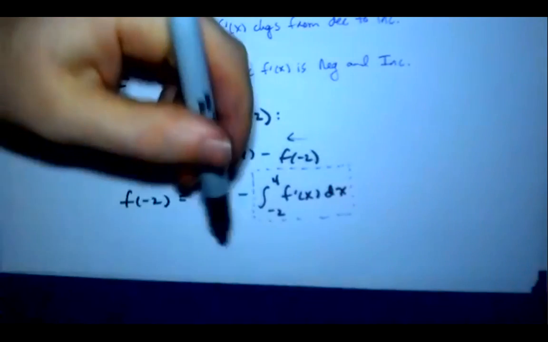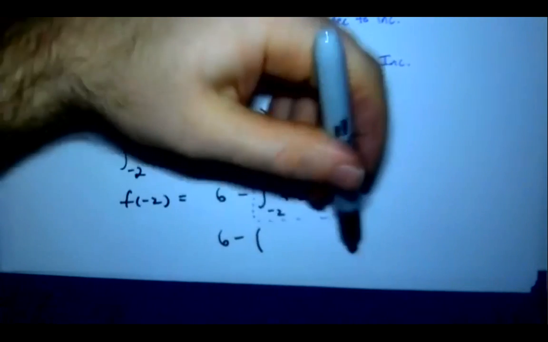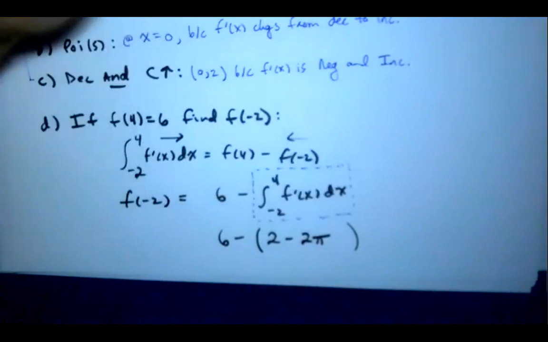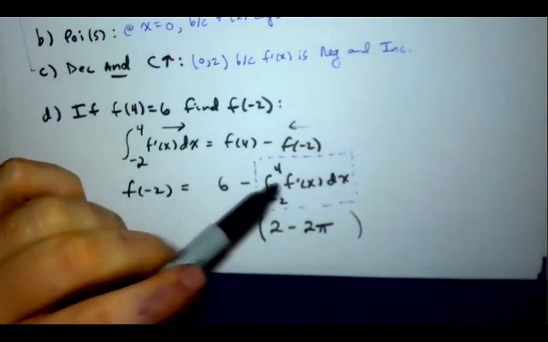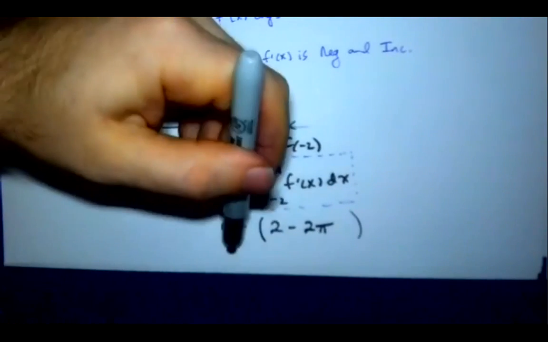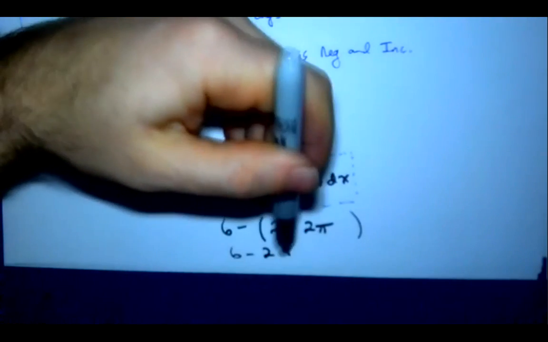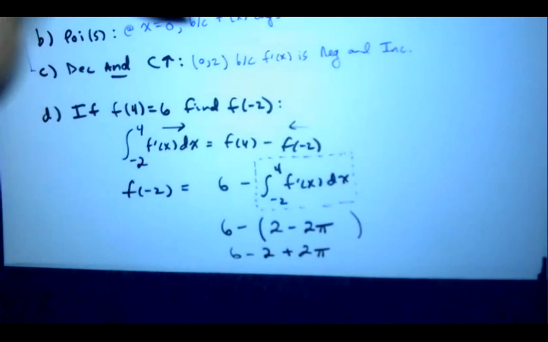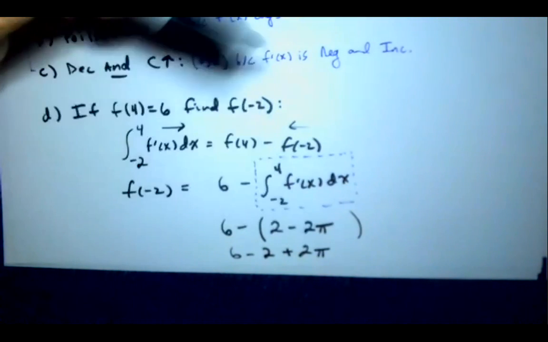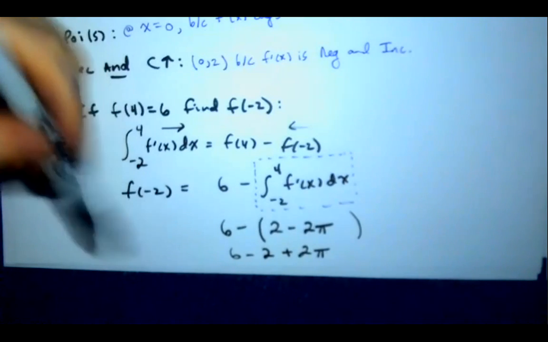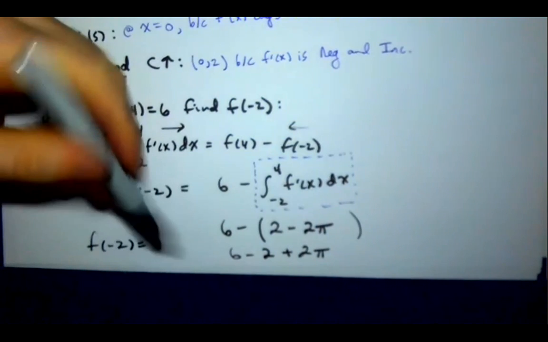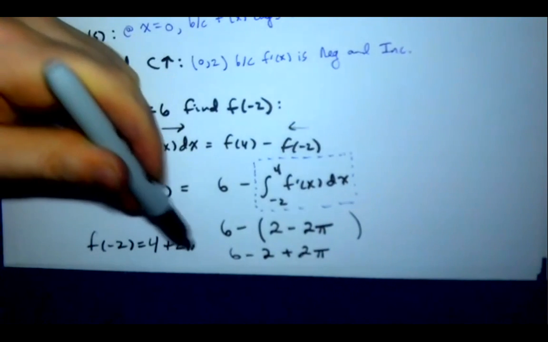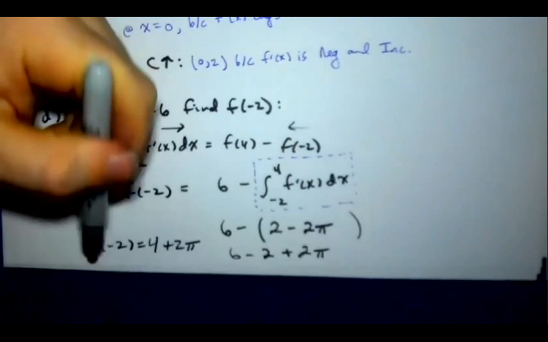I said 2 minus 2 pi. Now be careful, make sure we put this in parentheses, because when you subtract a quantity, you got to distribute through. So this is really 6 minus 2 plus 2 pi, because minus minus when you distribute that negative. Anyways, the answer we're looking for here is that f of -2 is equal to 4 plus 2 pi.